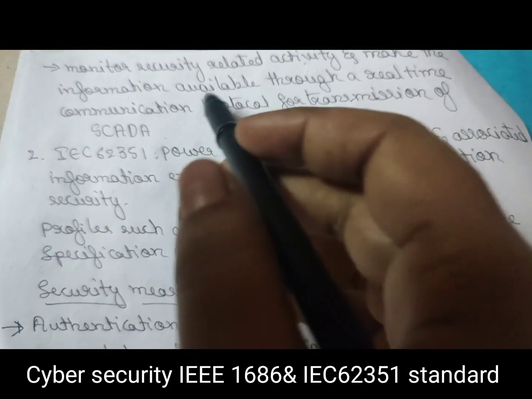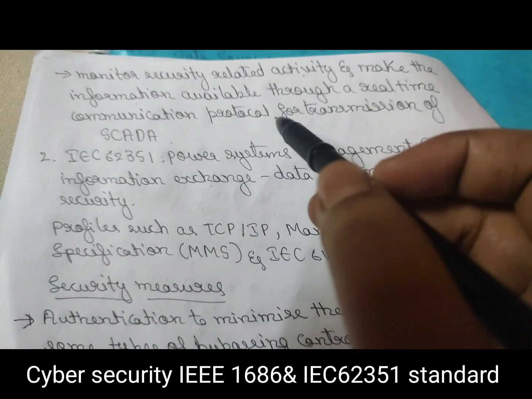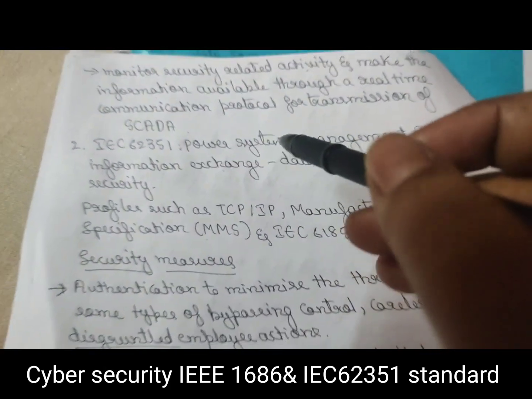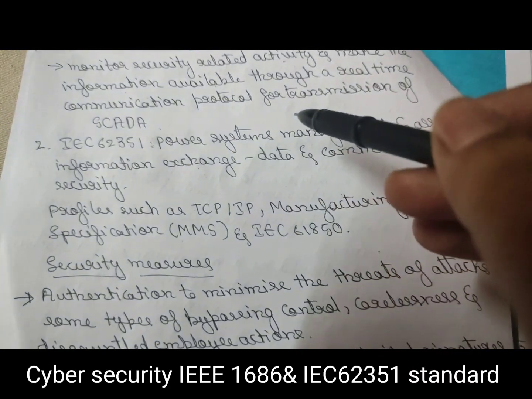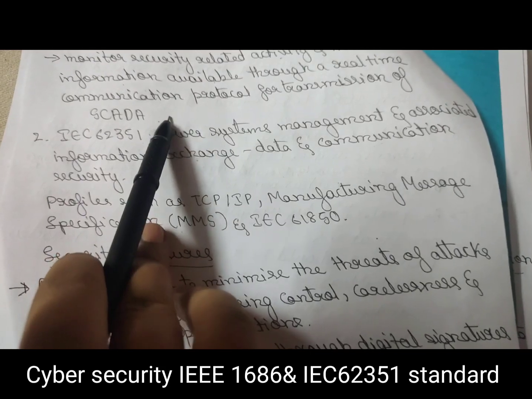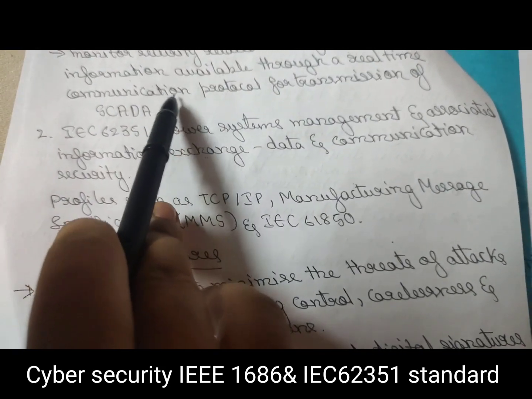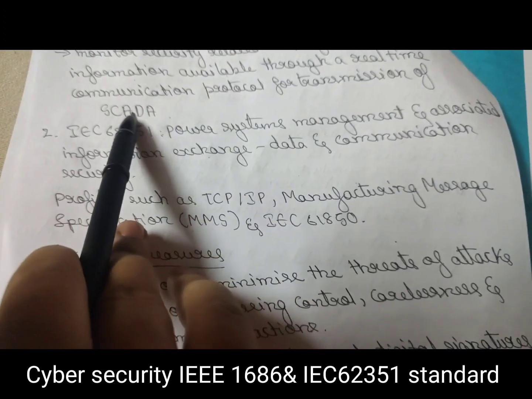We should get real-time data that can be sent to the SCADA, so a communication protocol should be there, because some data may be hacked while transmitting to the SCADA.